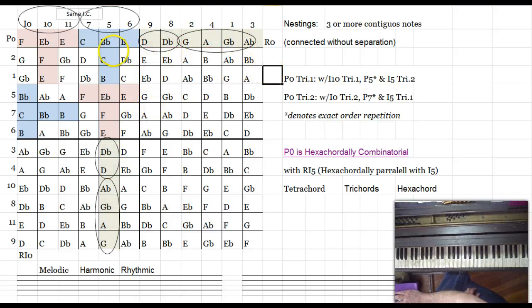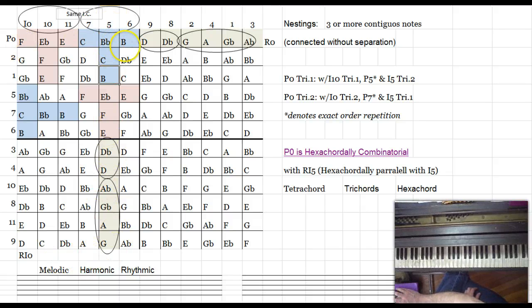We're going to talk about this hexachordally combinatorial. The idea of this hexachord plus this hexachord equals the full 12-tone row, and that happens in both of these special rows. P0, the most important row, and also I5, or maybe more exactly RI5.